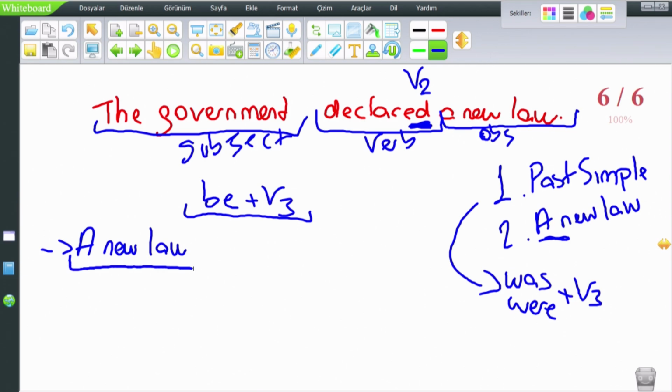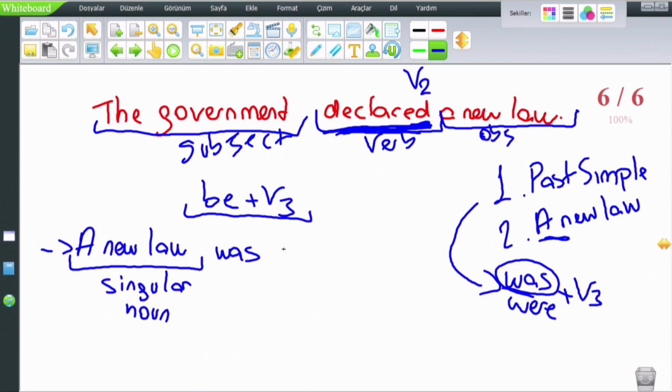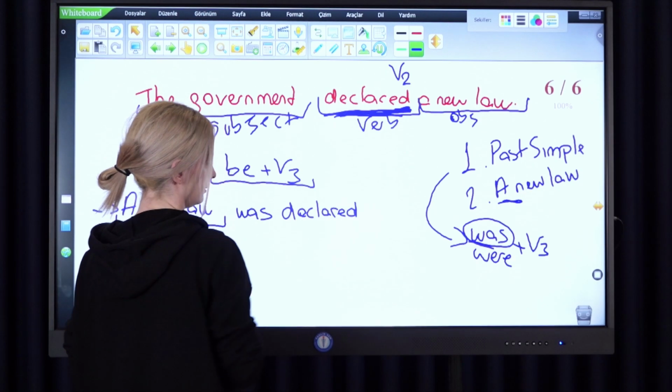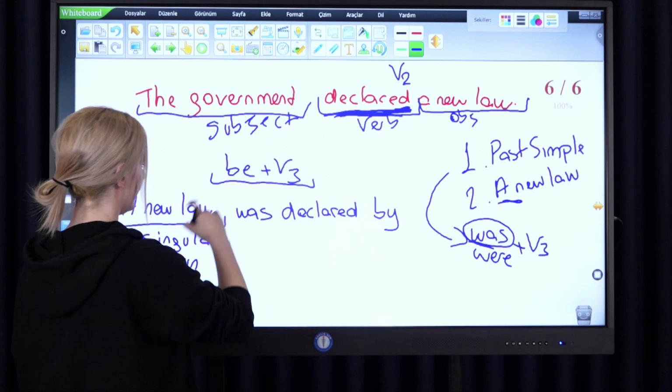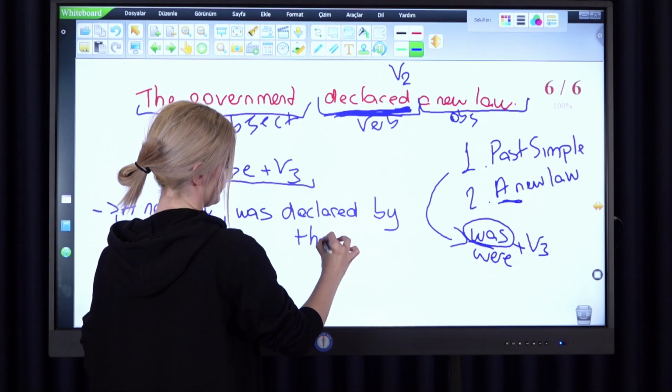This is a singular noun, so I will choose was. This is a regular verb, declare, so I will again use declared. By the government.